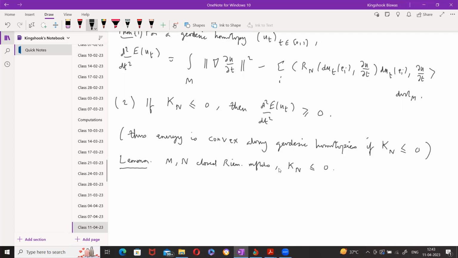So if f, g from M to N are continuous, well, okay, fine, let me just take smooth homotopic maps.